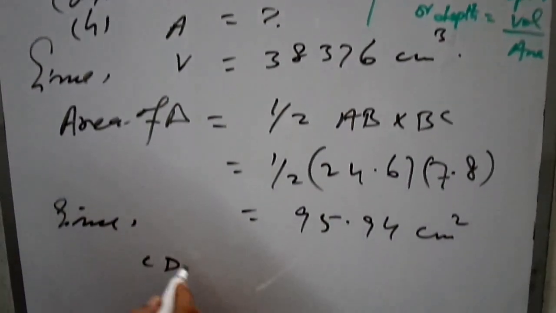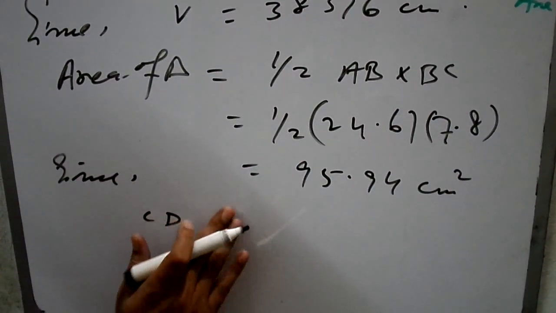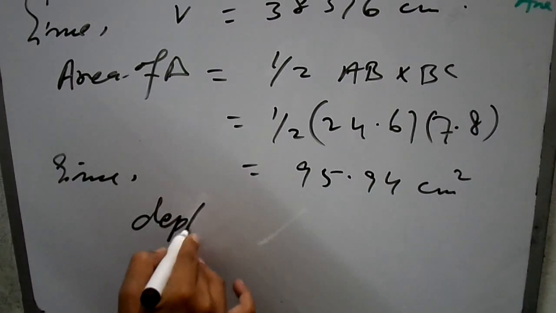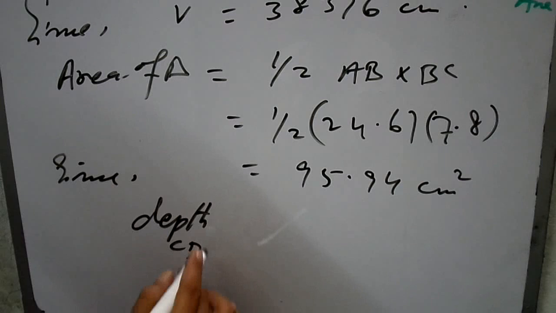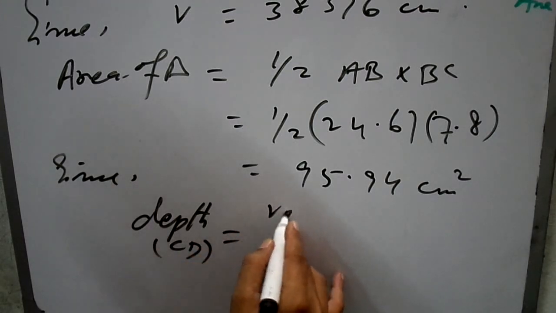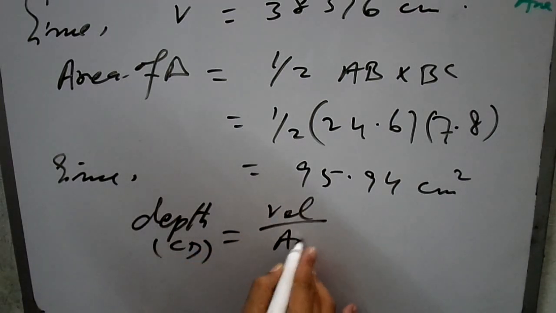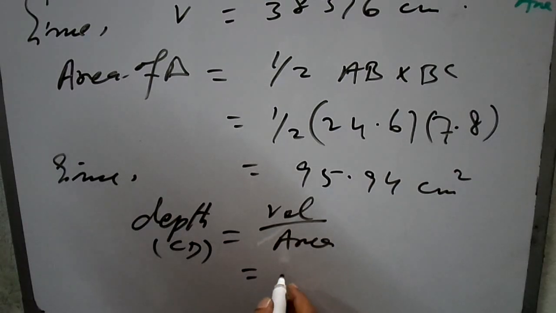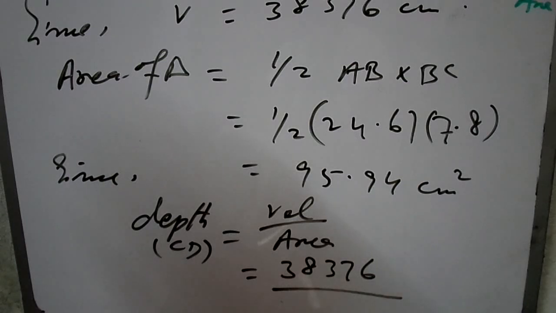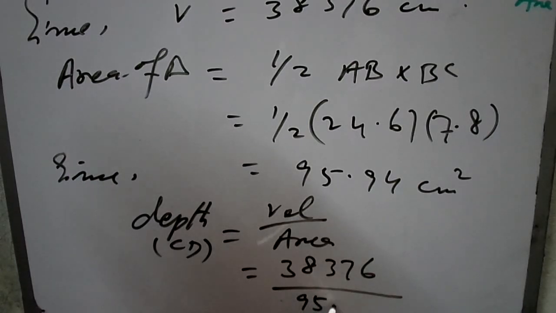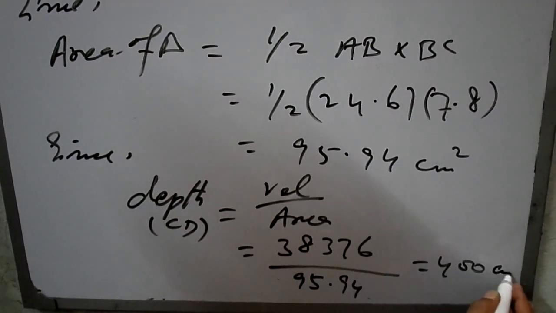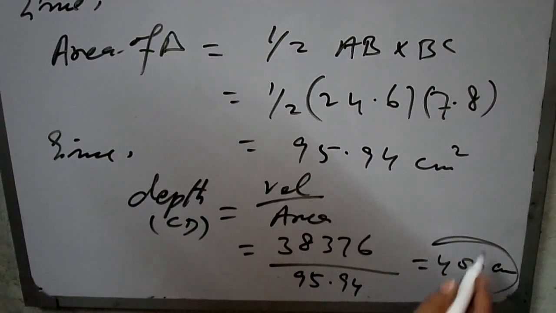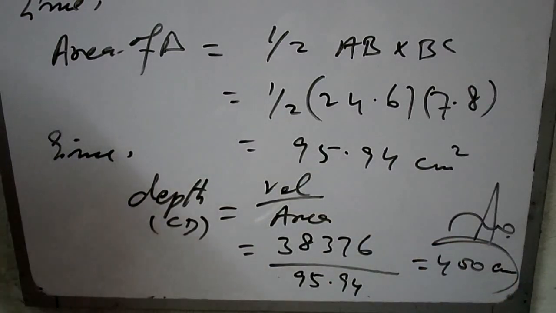The CD or depth is equal to volume divided by area. So putting the values, volume 38376 is given to us, and area we have just calculated, 95.94. So you will get 400 centimeter, that is your CD. The value of CD is 400 centimeter.